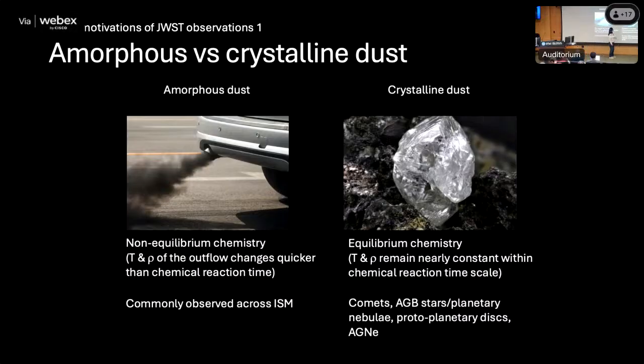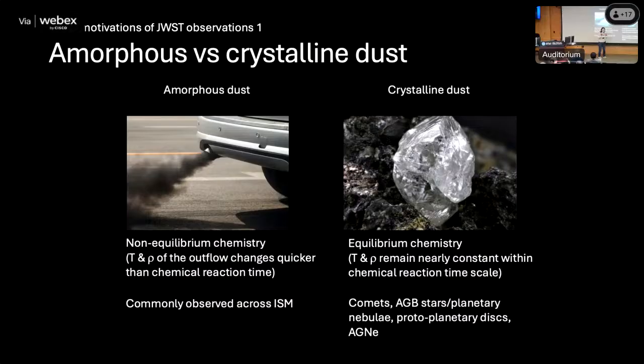The opposite is the crystalline. This is actually diamond. We don't see this one in this object, but it has a really nicely structured dust grain. It's believed that this kind of dust may be formed, in the case of diamond, under high pressure, but in astronomy, it's called equilibrium chemistry. That means temperature and density may be almost constant over a substantial time scale.